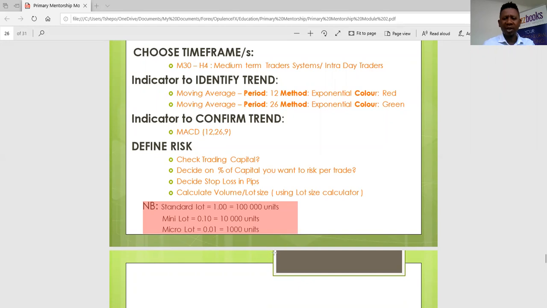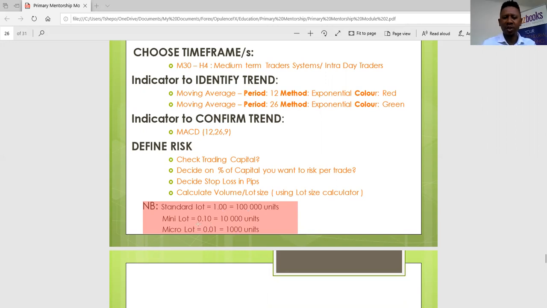Those who enter 1.00 as the lot size on their platforms have a contract worth 100,000 units of currency. So if the entry is 1.00, you have just bought or sold 100,000 worth of that base currency.